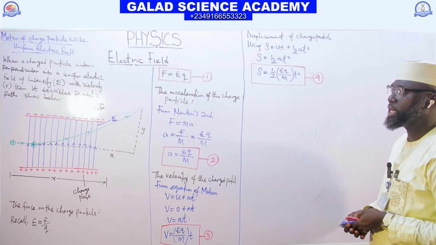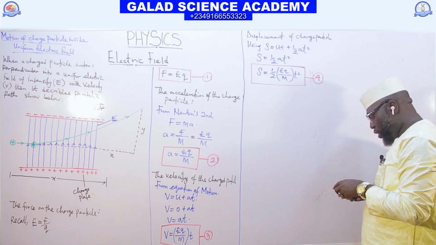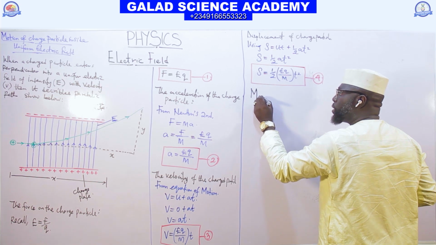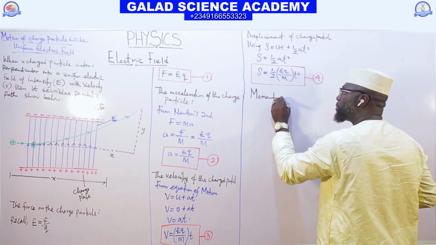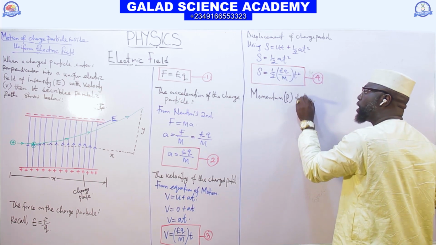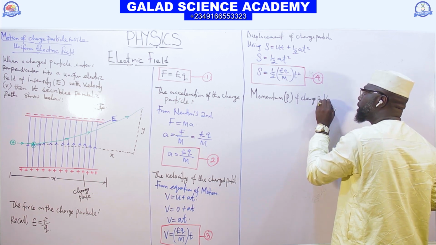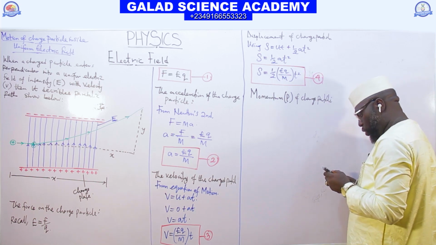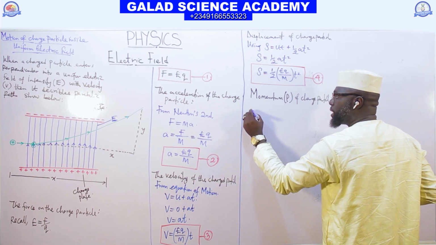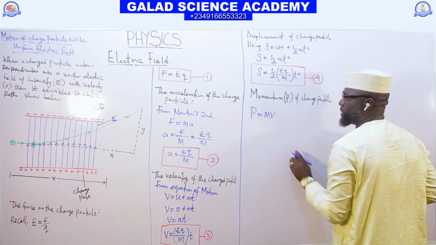And the next one is we can also be asked to find the momentum P of a charged particle. We all know that the momentum P is always mass times velocity.